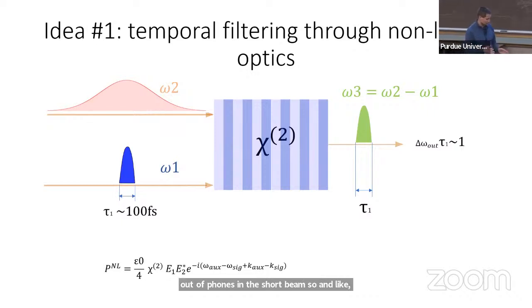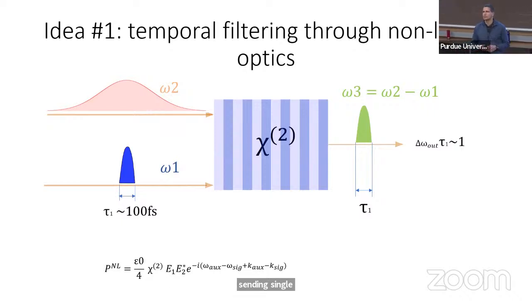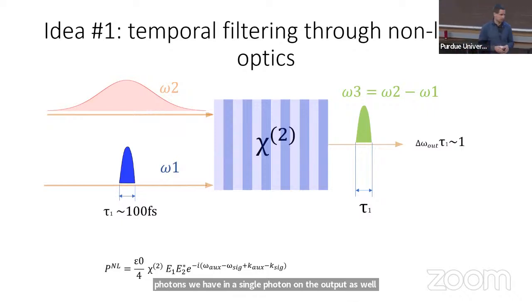Actually, it's protected by the initial state as well. If you are sending single photons, we will have a single photon on the output as well. Yes, probably with some noise sometimes, depending on the process, but still it should work.